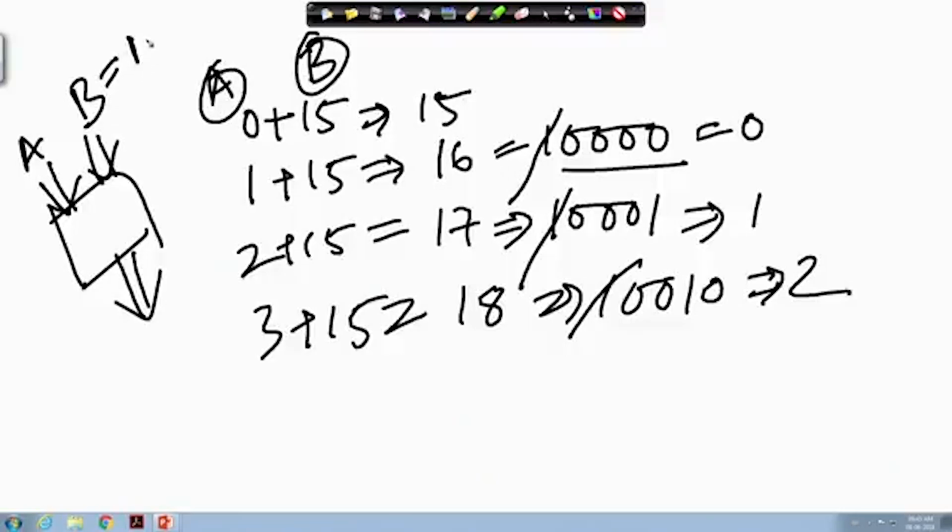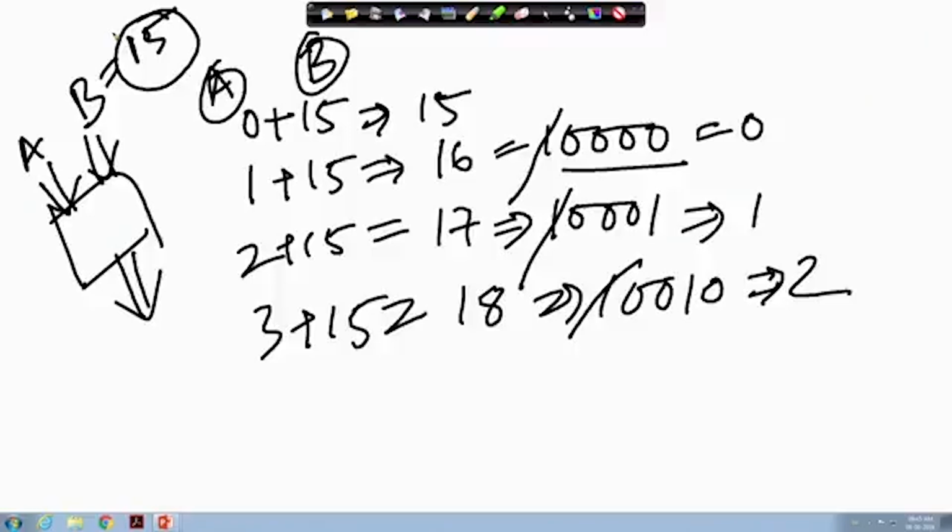But here we have to add 15, so the same circuit acts as a decrementer design. Whenever we put this 15, will there be a change in the logical expression? That we will see now.